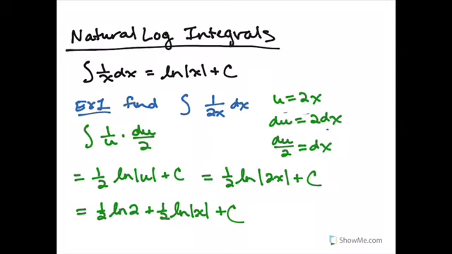Correct? Multiplication inside of a log argument turns into addition of multiple log terms. And what is 1/2 natural log of 2? It's not 1, but it's a number, right?